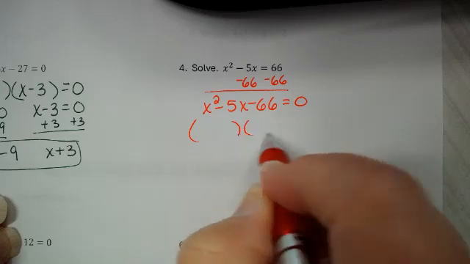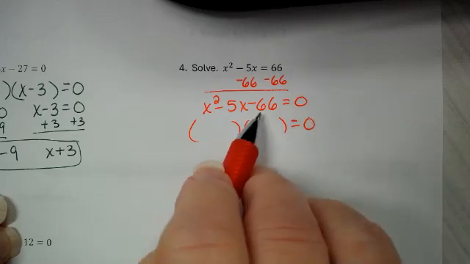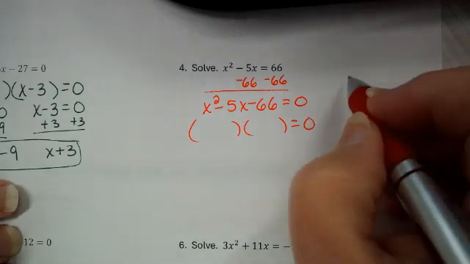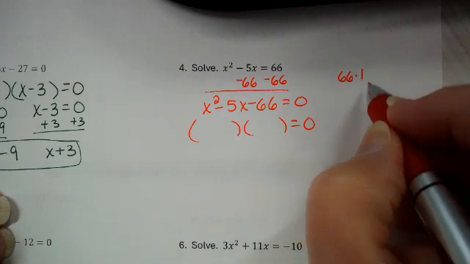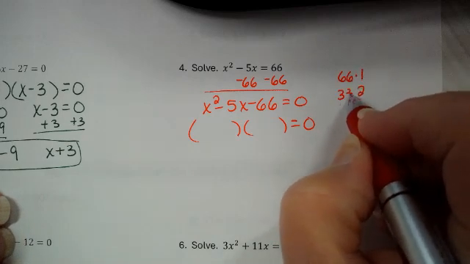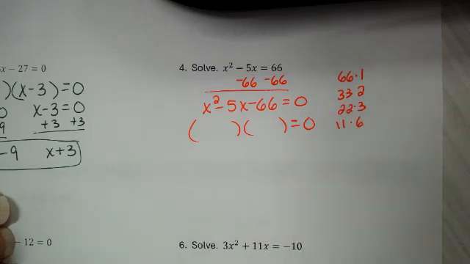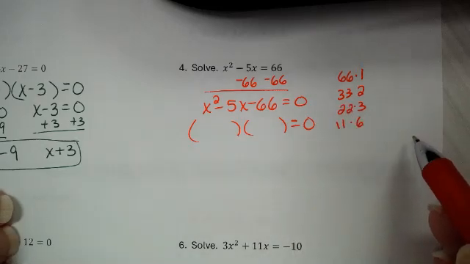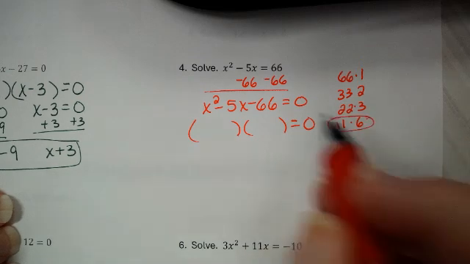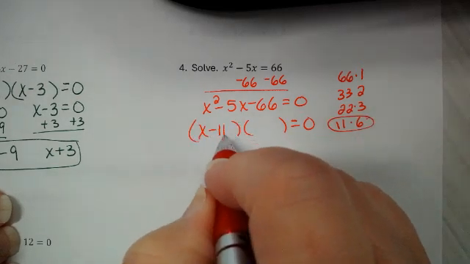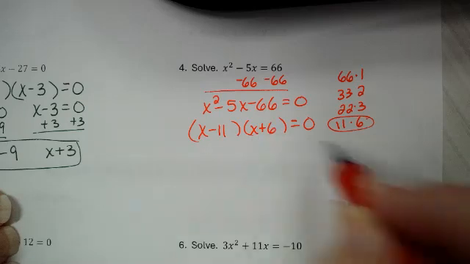All I need to do is find factors of negative 66 that add up to 5. So if you need to look at your different factors, all of the possibilities, I think that about does it. I think I can get these two to add up to 5 if I use a negative 11 and a plus 6.